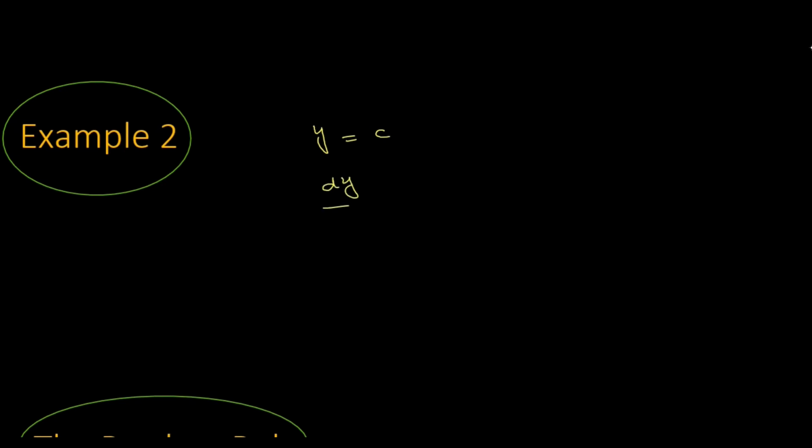So dy by dx is equal to 0. This can be proved by the first principle, a method used in derivatives, but we are not explaining that. We just want to understand a little of the differential calculus that is used in astronomy, not more than this.